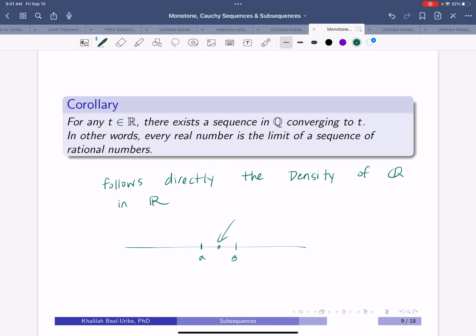So in between any two, you have to have infinitely many rational numbers, because if you only had finitely many, you'd have intervals with no rational numbers, which contradicts the density of Q and R. Therefore, every interval has infinitely many rational numbers.